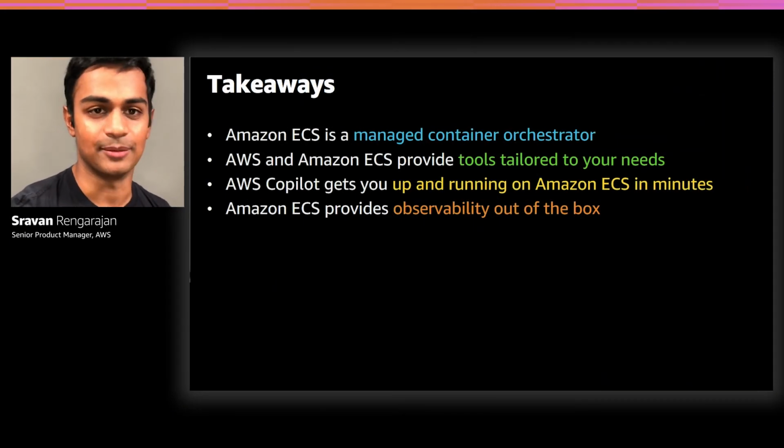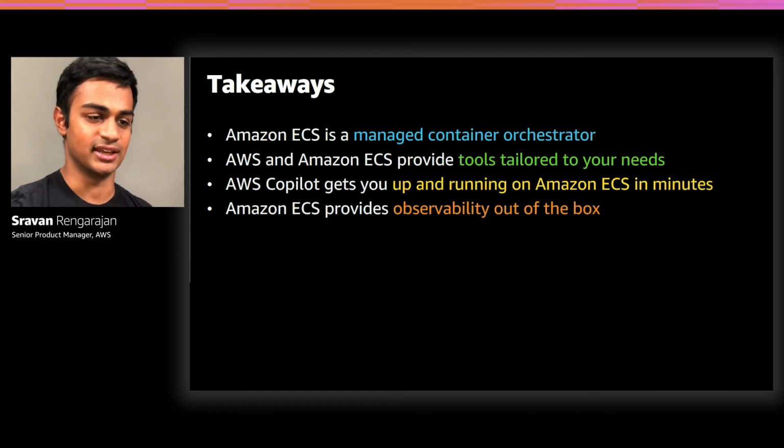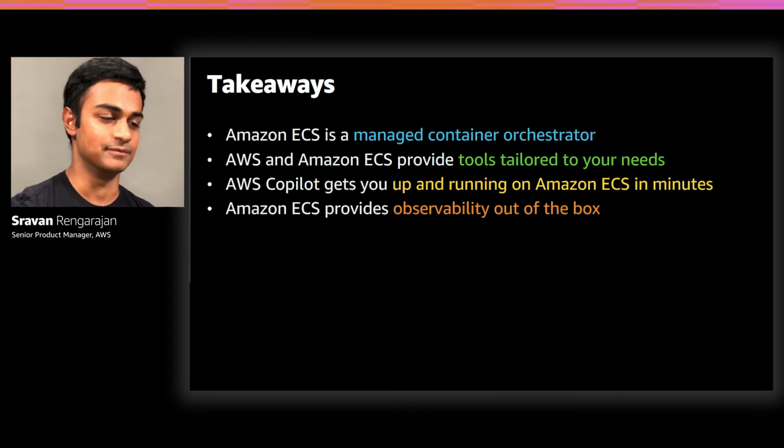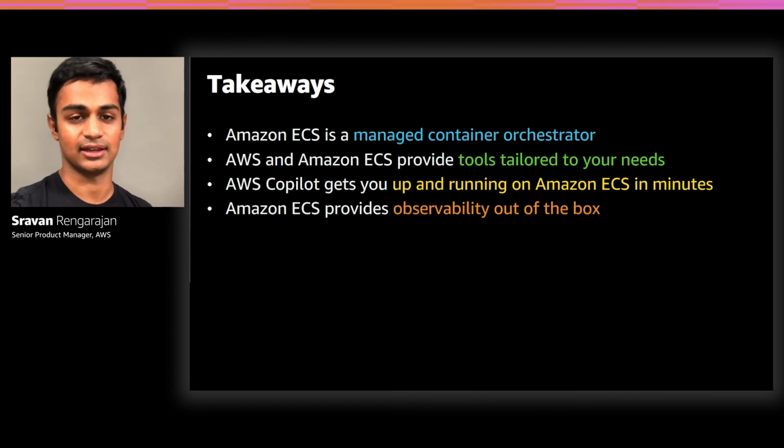So just to summarize what we've seen in this session today, Amazon ECS is Amazon's native managed container orchestrator. So you can interact with ECS just through simple APIs, using only those APIs or using any of the developer tools that I mentioned.